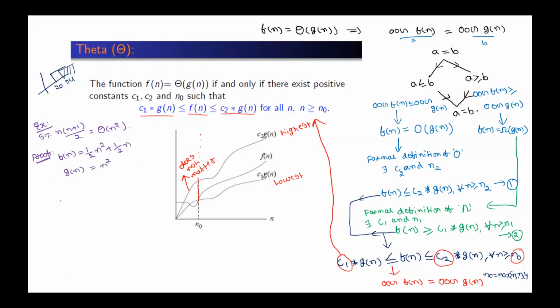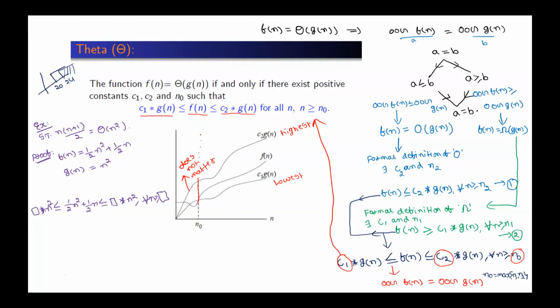Now, according to the definition, what do we need to find? 1 by 2 into n square plus 1 by 2 into n is less than or equal to some constant into n square, and the same value should be greater than or equal to some constant into n square for all n greater than or equal to some constant.